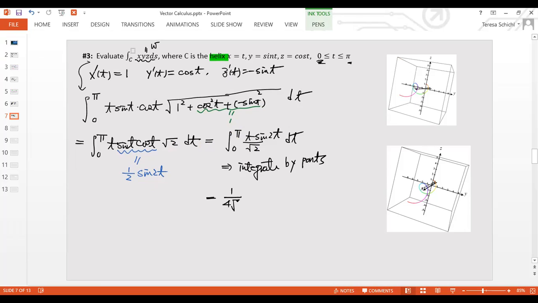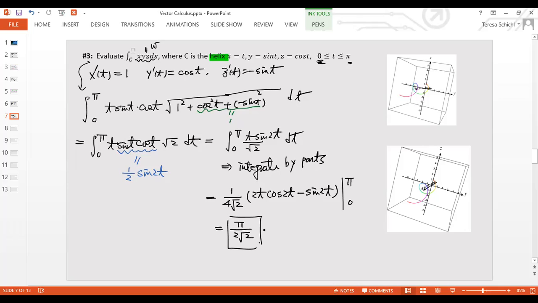It will be 1/4 times the square root of 2, then 2t cosine 2t minus sine 2t, and my limits here are from 0 to pi, right? So my final answer here is pi over 2 square root of 2 here, okay?